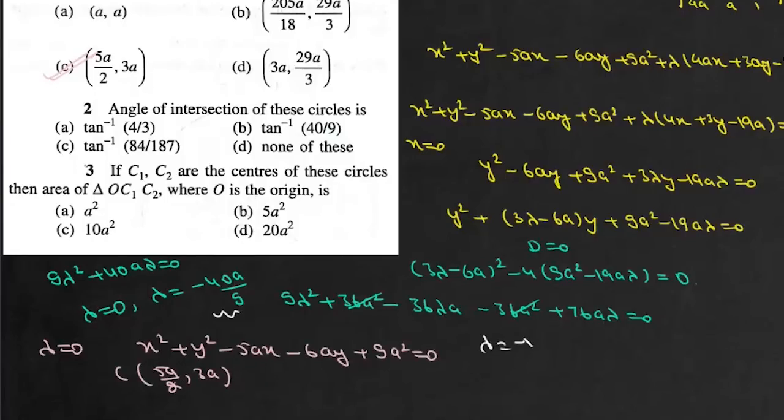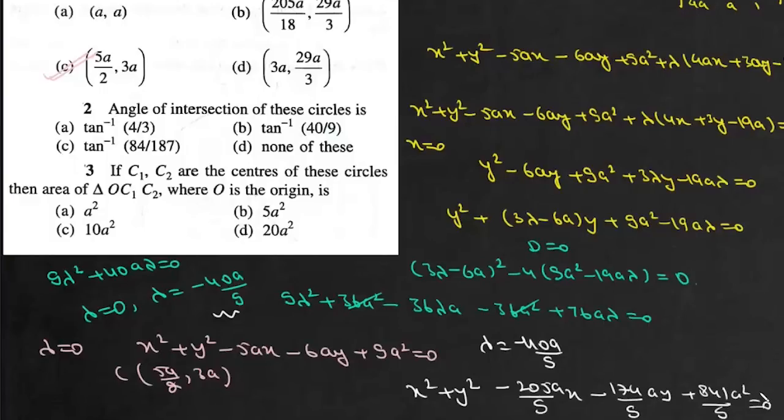So if you put lambda as minus 40a by 9, then by simple calculation we can prove that this circle will be x square plus y square minus 205a by 9 x minus 174 a y by 9 plus 841 a square by 9 equals 0, and its center is at 205a by 18 and 174 divided by 9 into 2.